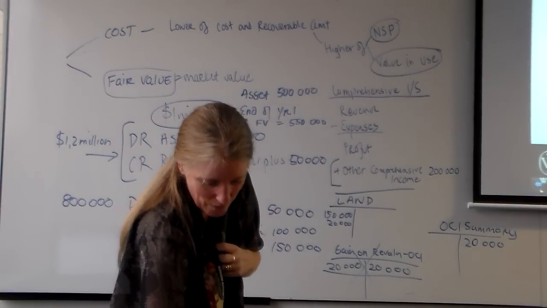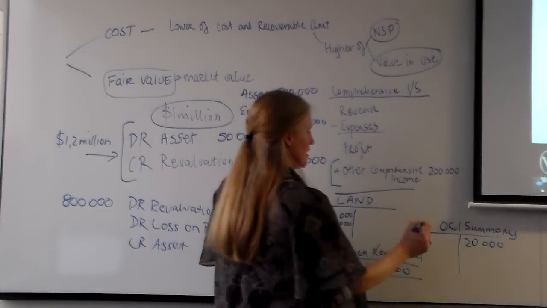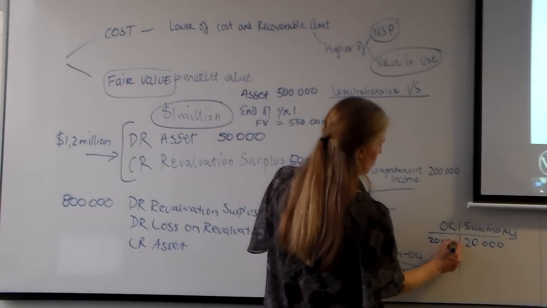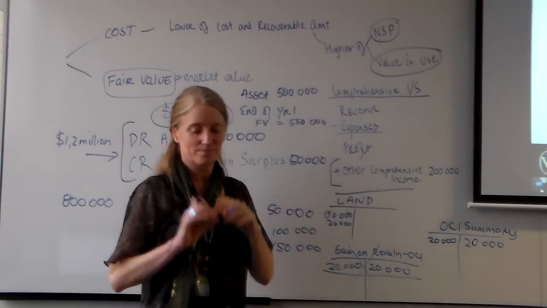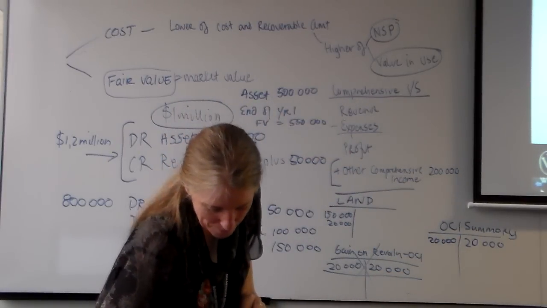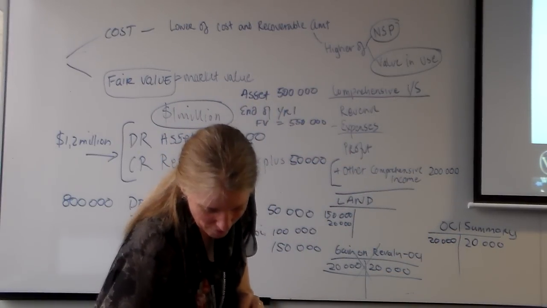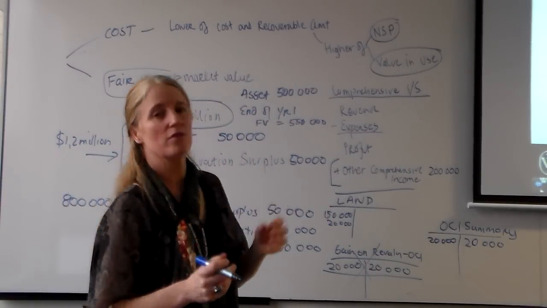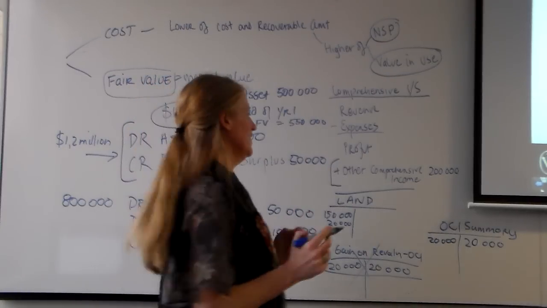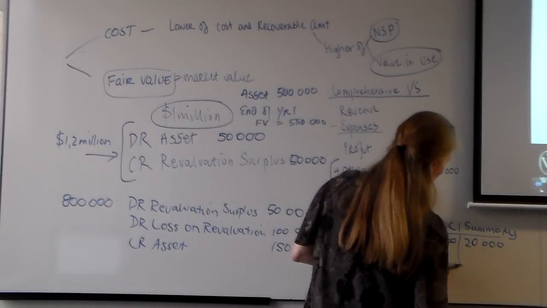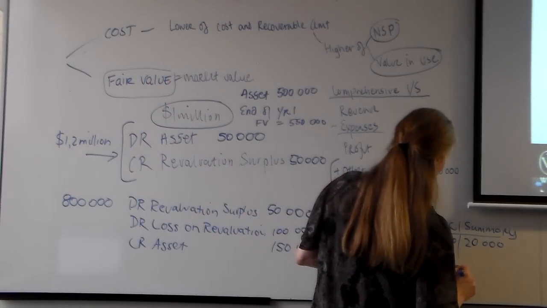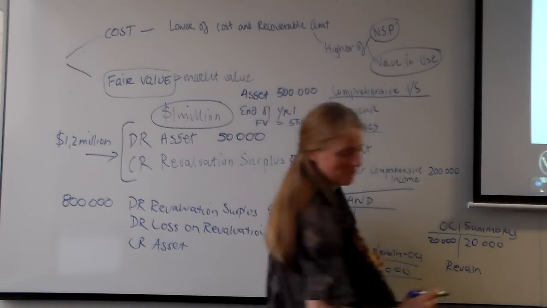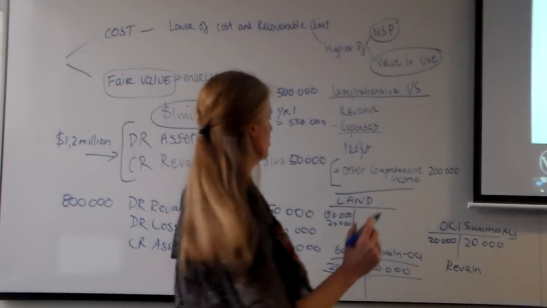Okay. And then the last one, they've actually taken 20,000 off. Well, they've included both for the vehicle and the land there, and they've then taken it to revaluation and called it a revaluation surplus.